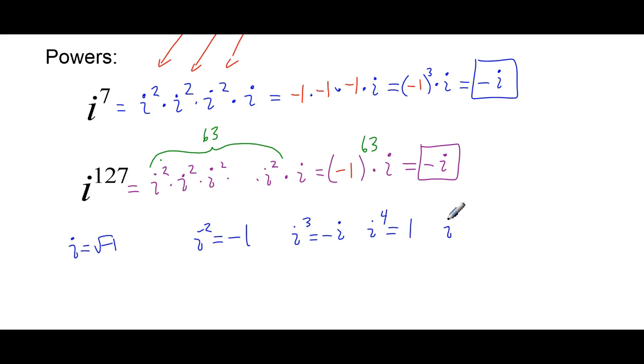And then i to the fifth will be i squared times i squared, negative 1 times negative 1, times another i. In other words, 1 times i, it'll come out to be i.